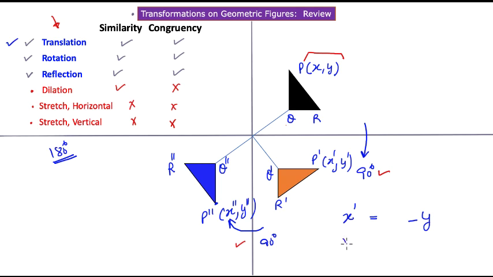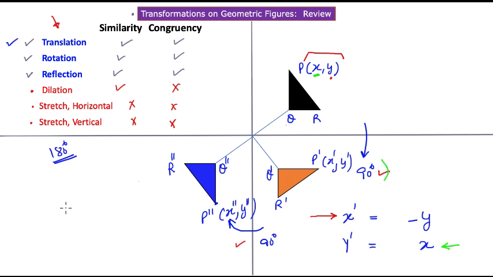And the value of y prime will be equal to x. So whatever was the value of the y coordinate, we reverse the sign on that, and that becomes your x value after a rotation of 90 degrees. And whatever was the value of your x coordinate becomes the value of your y coordinate after this rotation of 90 degrees.